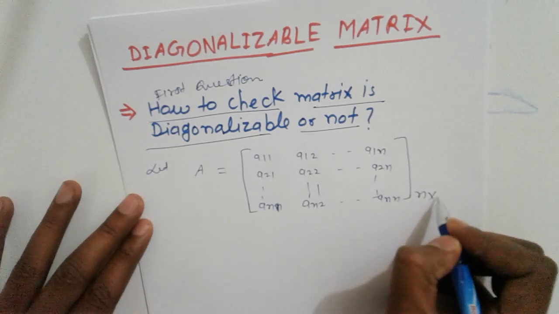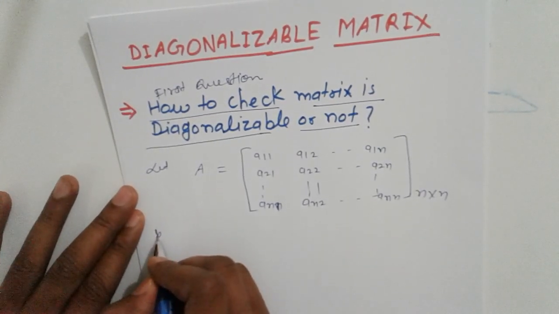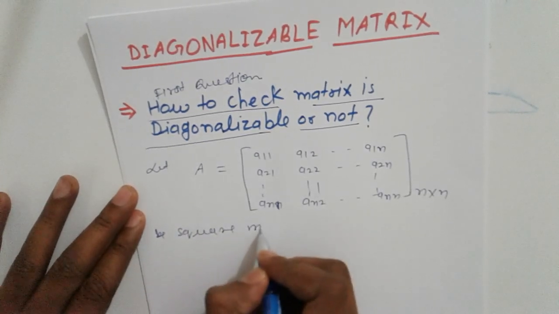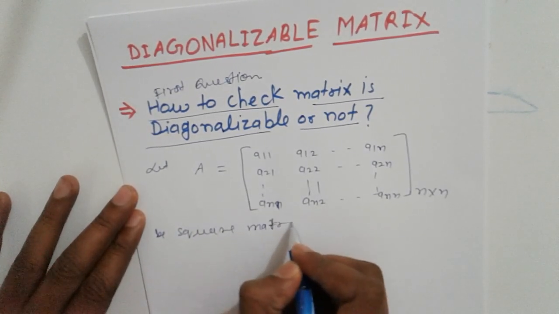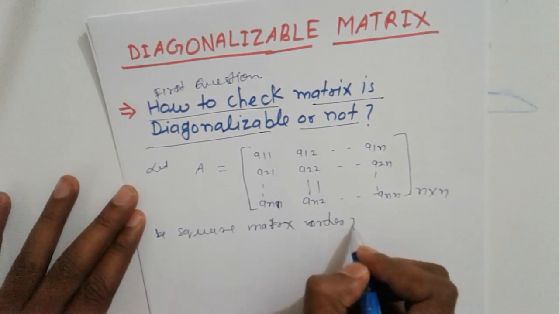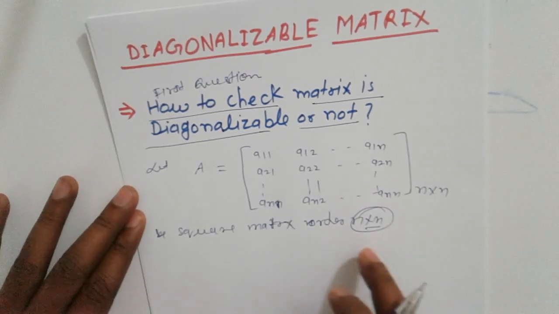This is an n cross n square matrix of order n cross n. Consider this matrix of order n cross n.